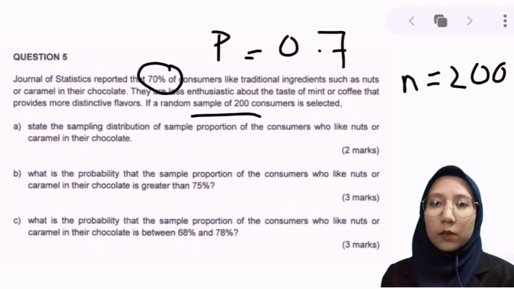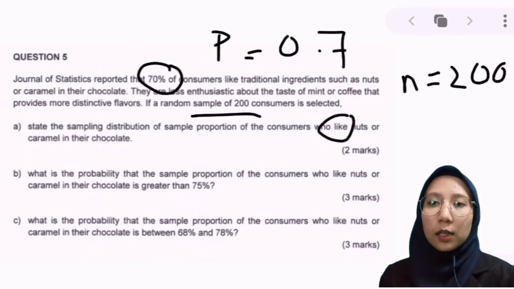Okay, we proceed to question A, which asks us to state the sampling distribution of the sample proportion of the consumers who like nuts or caramel in their chocolate. Let's see the solution.